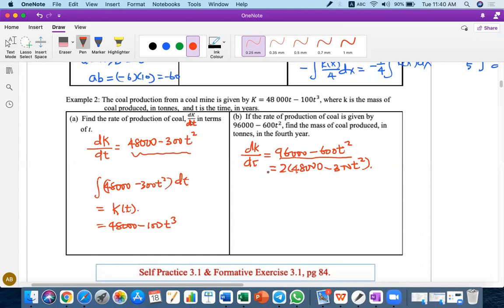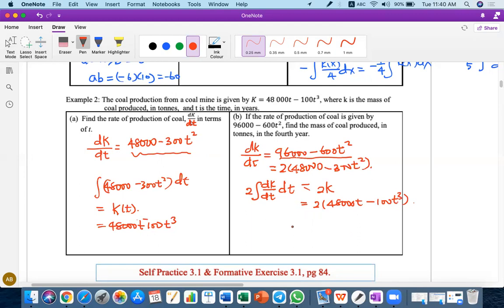So if we integrate this, 2 dK/dt, it becomes 2K, which is 2 times (48,000 t minus 100 t cubed).